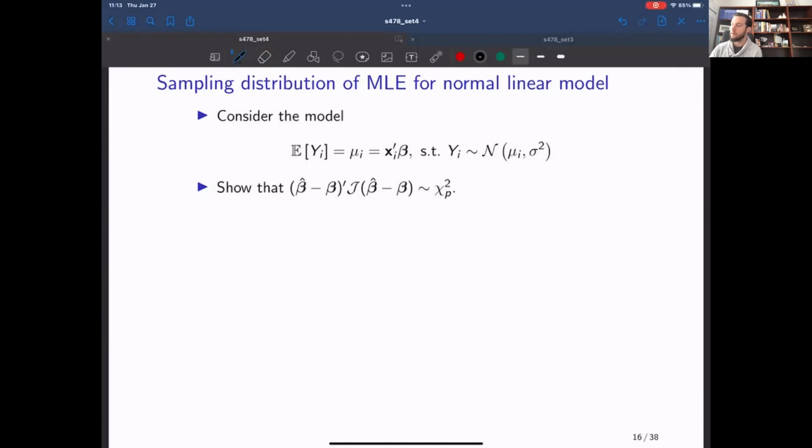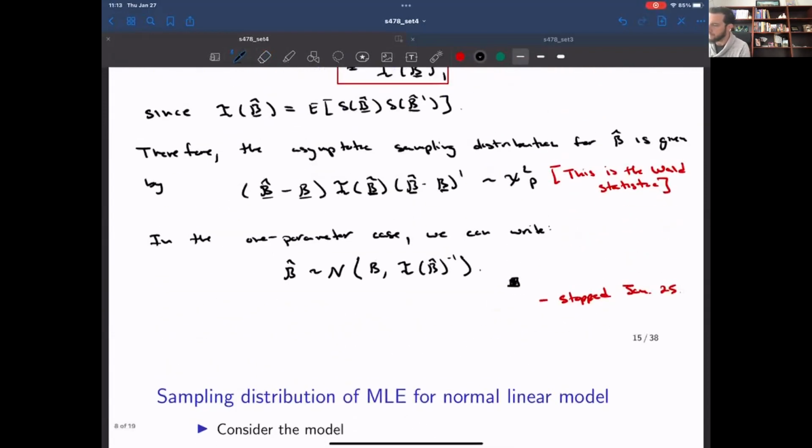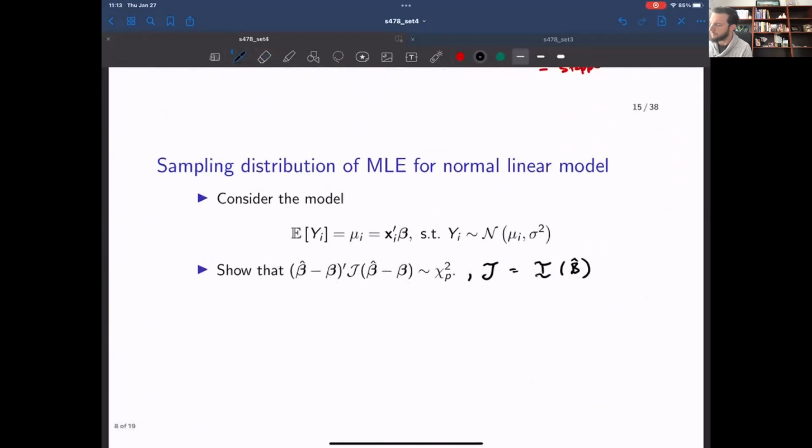We want to show that beta hat minus beta transpose multiplied by the information matrix J times beta hat minus beta is chi-square, where J is the information matrix for beta hat.